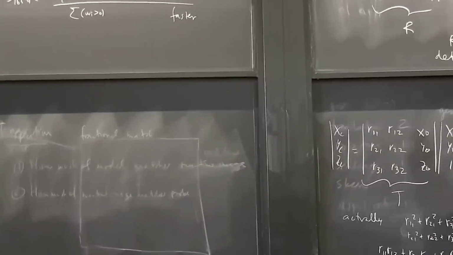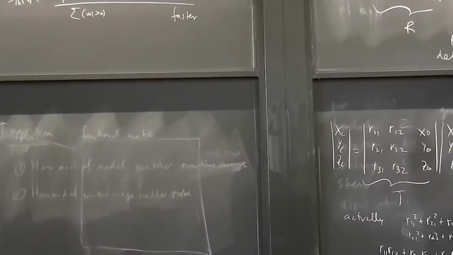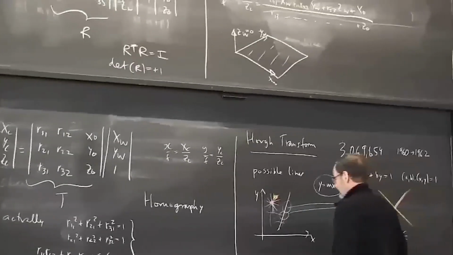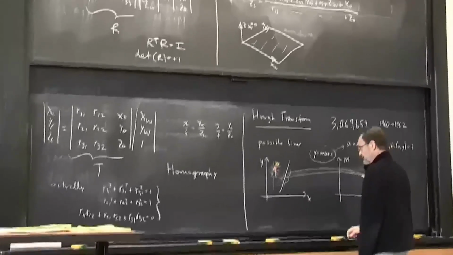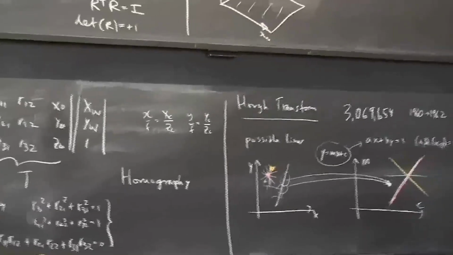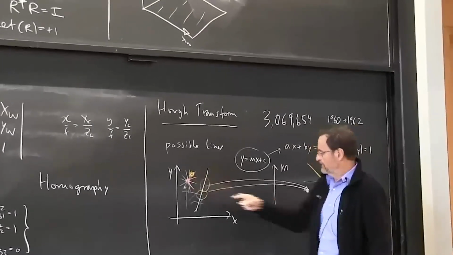Now I'm going to get another bubble, and maybe that will give me that line. And then I'll get, I don't know, another bubble, and that'll give me this line, and so on. You can see how each of these bubbles contributes some evidence.